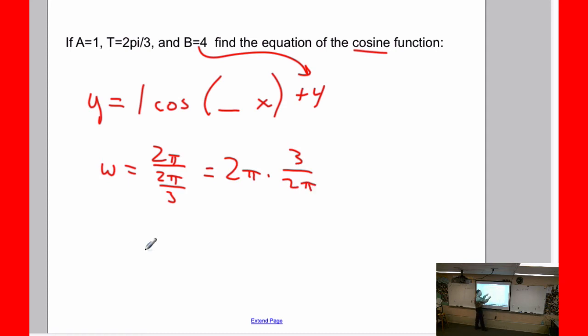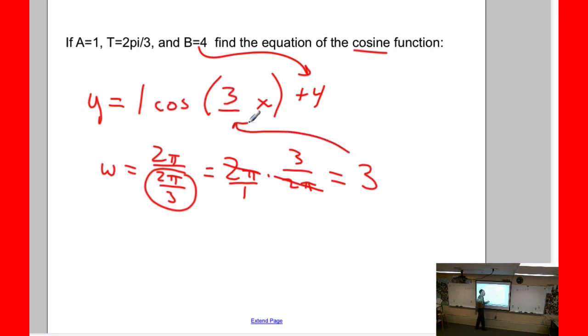All I did was take this fraction and flip it. Throw this over 1. What happens to the 2 pi's? These two will cancel. Leaves you with just 3. There you go. And you're done.